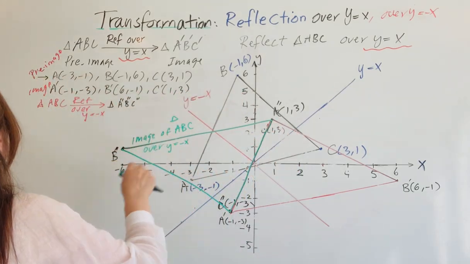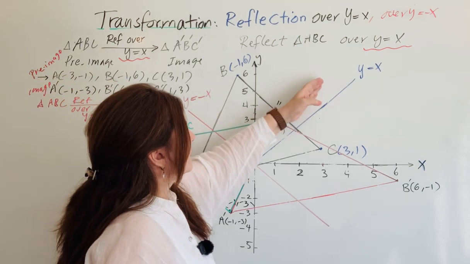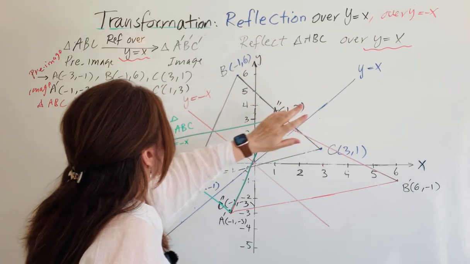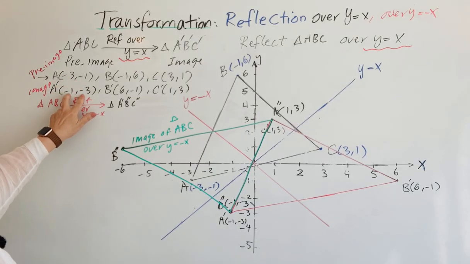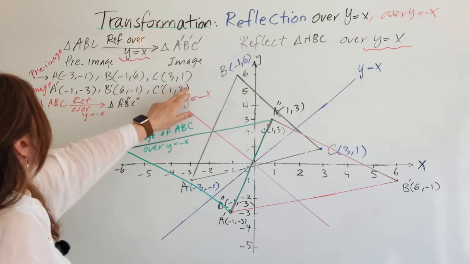For this one, if you want to reflect over y equals x, you just flip the coordinates, exchanging without changing any sign. Negative 3, negative 1 gets negative 1, negative 3, and so on.